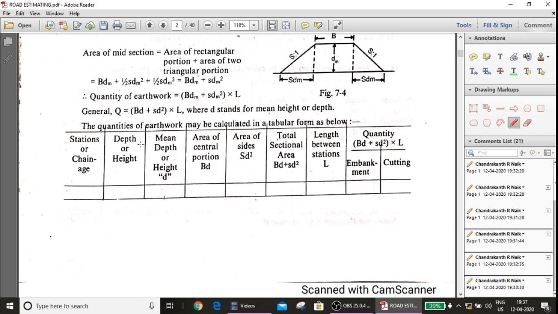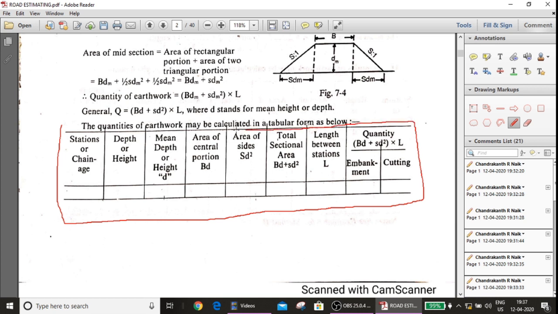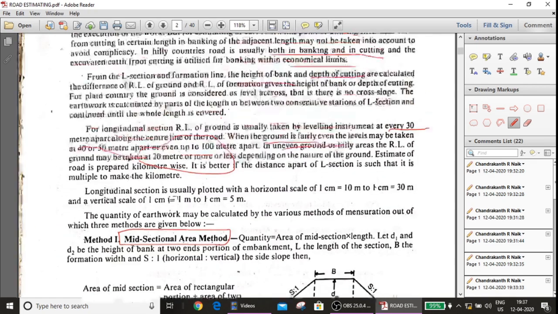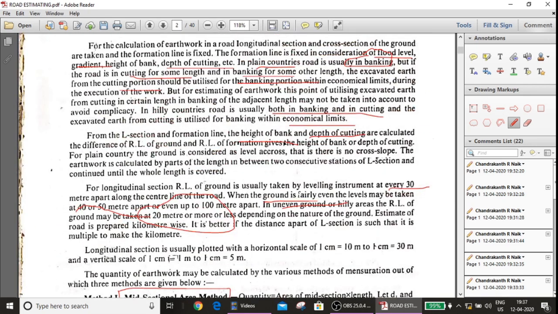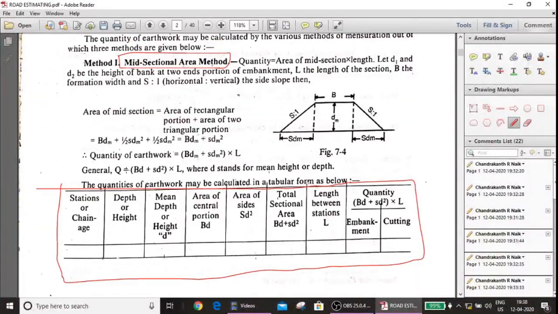Okay. So this is the tabular form in which we are estimating the quantity of earthwork. We have 8 columns, in which the first column is for stations or chainage. So depth, how will we get this depth? By the difference between the RL of the ground and the RL of the formation.